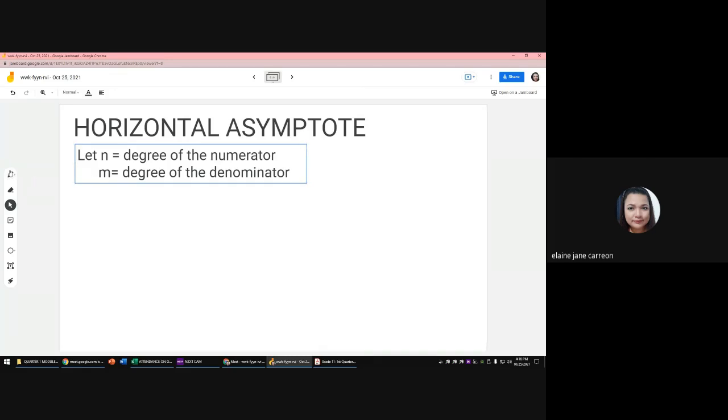Okay? So, sabi dito, if n is less than m, therefore, the horizontal asymptote is y is equal to 0. Okay, if n is equal to m, the horizontal asymptote is y is equal to a over b.